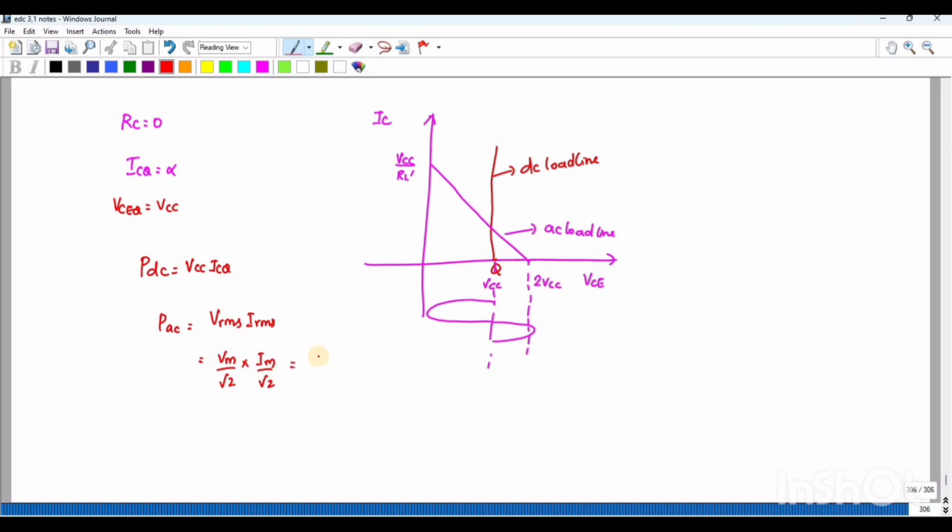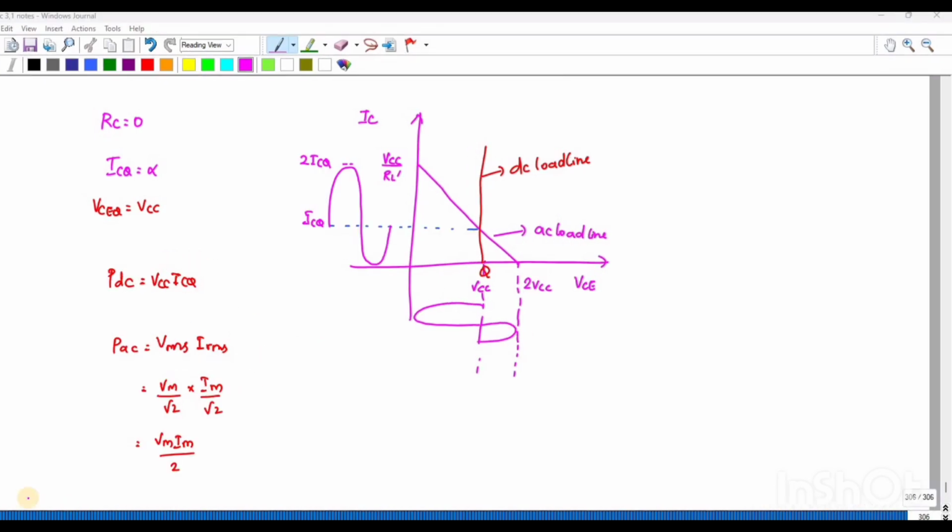Here 2 VM is the peak to peak voltage, and likewise this is 2 IM.